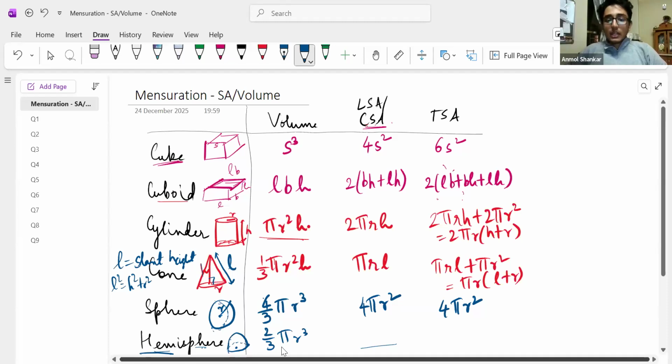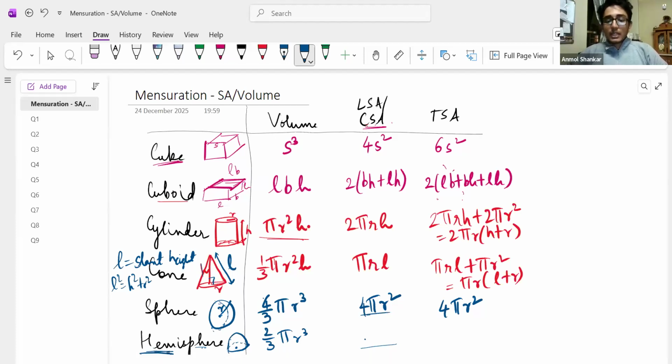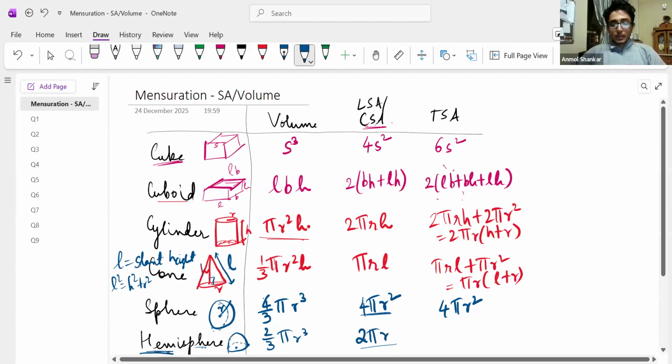Same idea, hemisphere, so half. Half of 4 pi r square, half of 4 is 2, so 2 pi r square. Now the curved surface area is 2 pi r square, and below there is a circle, which is just pi r square. So 2 pi r square plus pi r square is 3 pi r square.